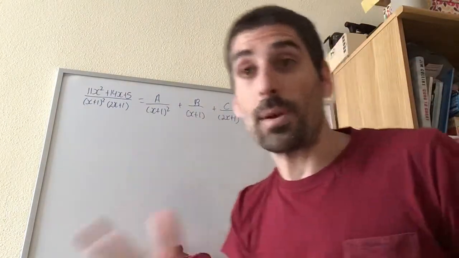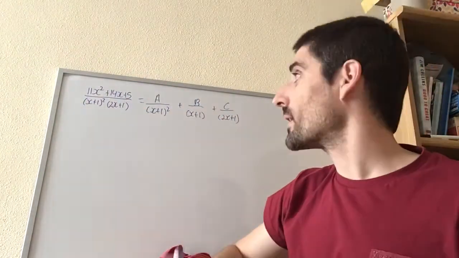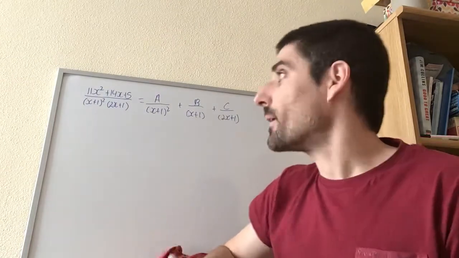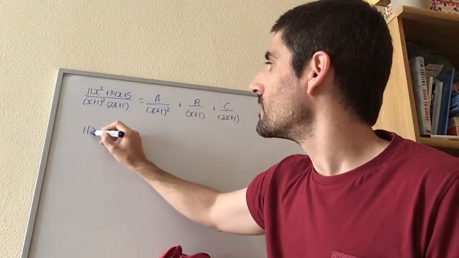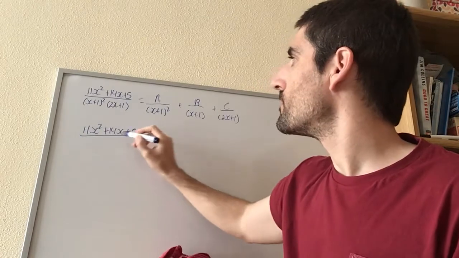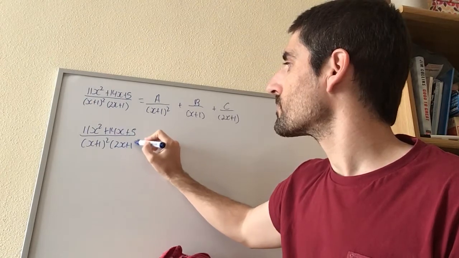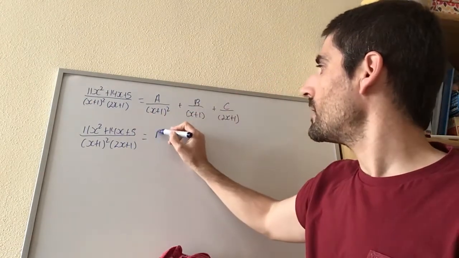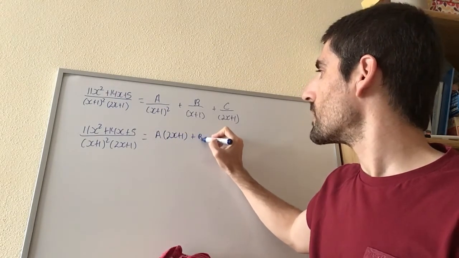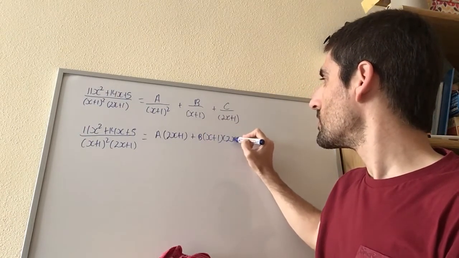So that is it. The rest we solve like we solve any partial fractions. I'm going to add these 3 terms together, put them with a common denominator, get rid of the common denominator, substitute values in there, figure it out. And here I will have a times 2x plus 1 plus b times x plus 1 times 2x plus 1.